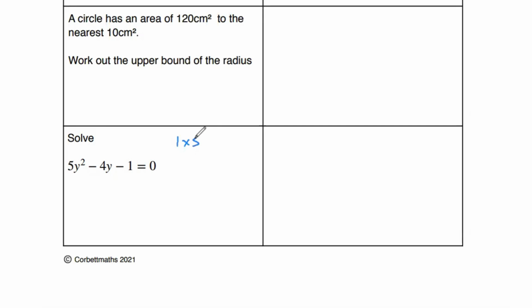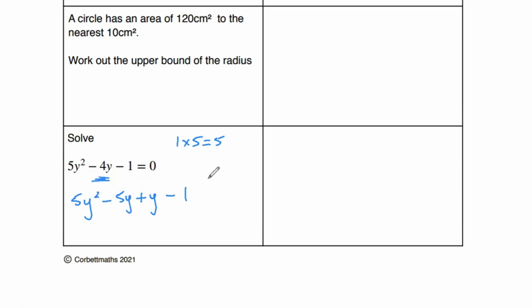So 1 times 5 is 5. Then we find factors of 5. The only factors of 5 that exist are 1 and 5. So now, once you've figured out your factors, you rewrite your middle value of the equation, which is 4y, in terms of those factors. So that basically means we're writing negative 4y as negative 5y plus y, and everything else is the same.